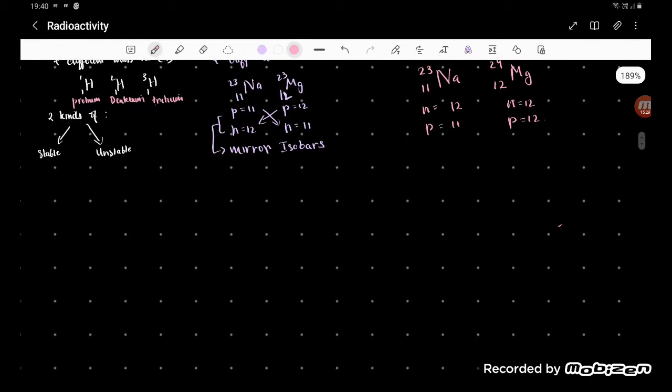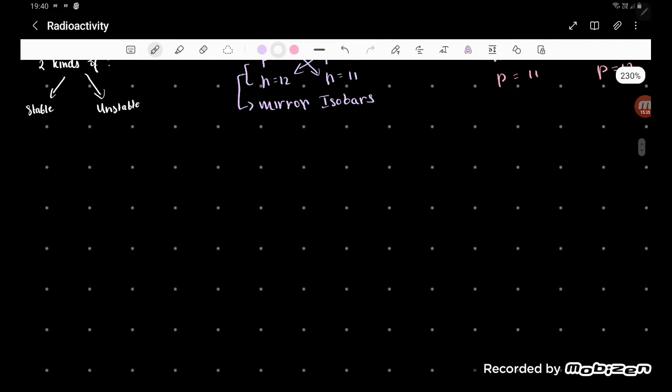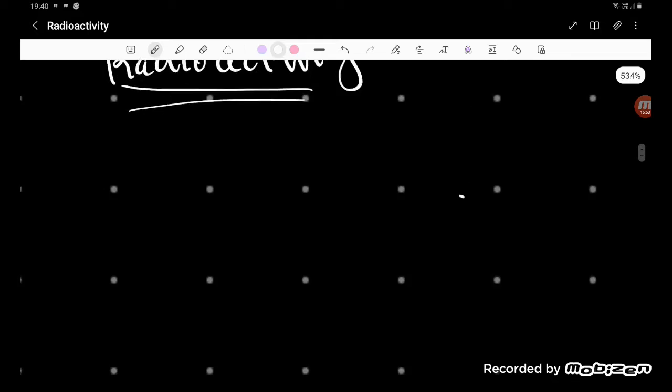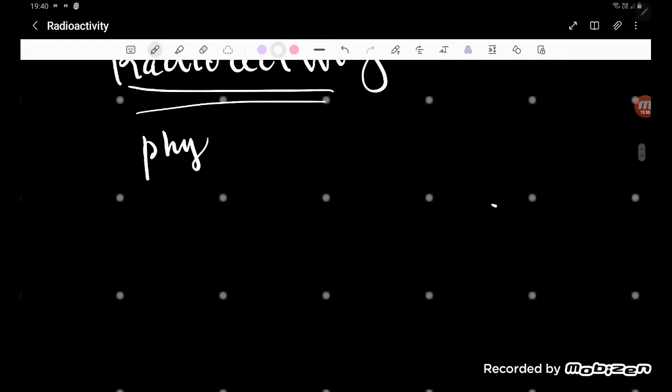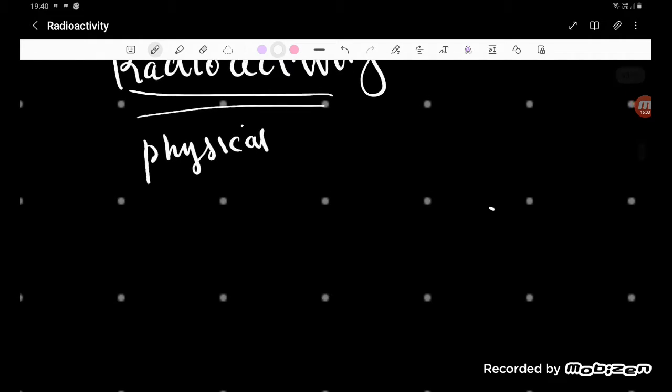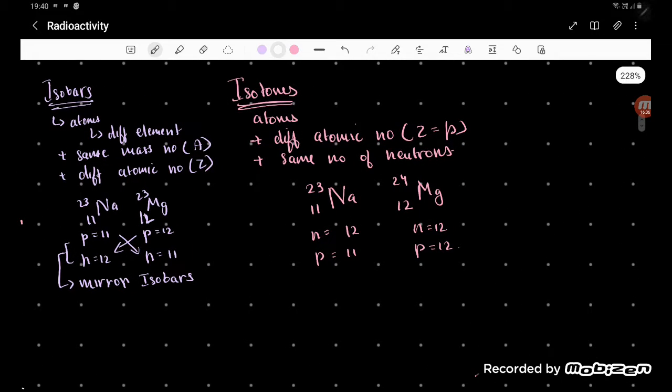The next topic is radioactivity. What is radioactivity? Not to get confused with these two, because these are separate things.